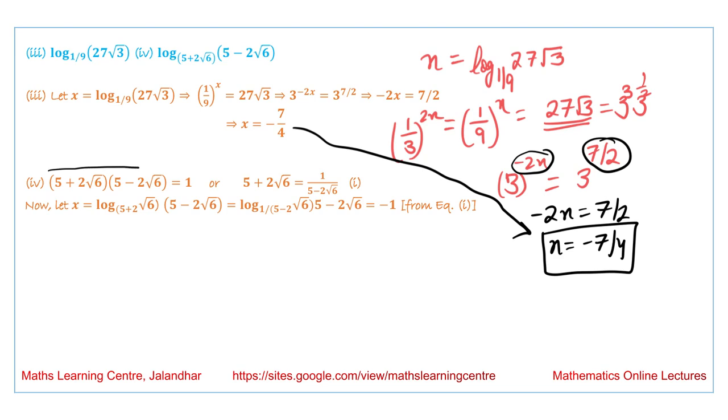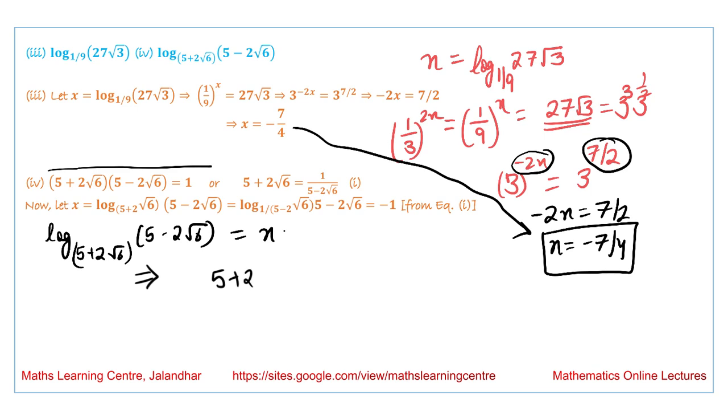Next is log of 5 plus 2 root 6 to the base 5 minus 2 root 6. Suppose it is equal to x. This implies 5 plus 2 root 6 raised to the power x is equal to 5 minus 2 root 6. Now we want to find the power.